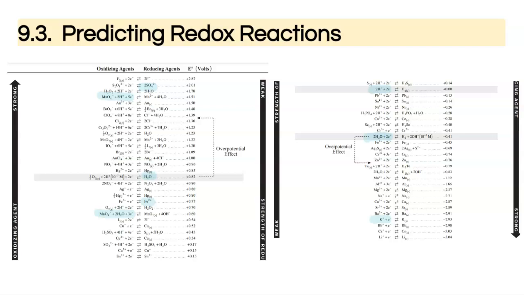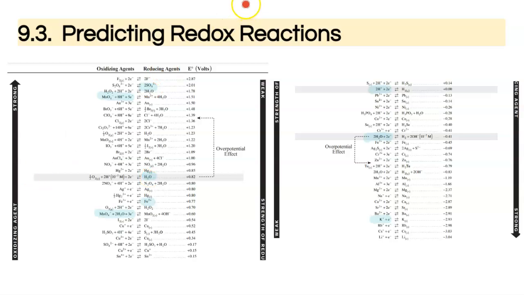When I'm looking at this, I'm seeing that I have MnO4- as an oxidizing agent. I have, of course, my hydrogen ion and my water and my K+ as oxidizing agents. And then I have my iron as a reducing agent, as well as my sulfate and water.